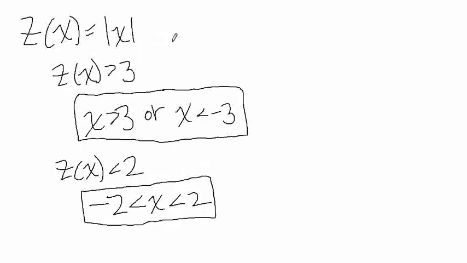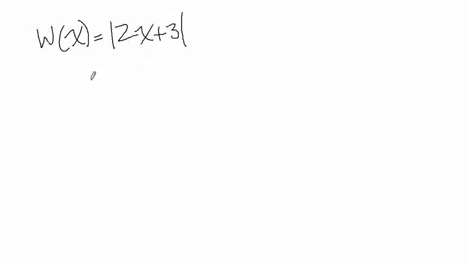All right, let's now do a more complicated example. What about if we wanted to know where the function w of x, which was equal to the absolute value of 2x plus 3, has function values less than 6?